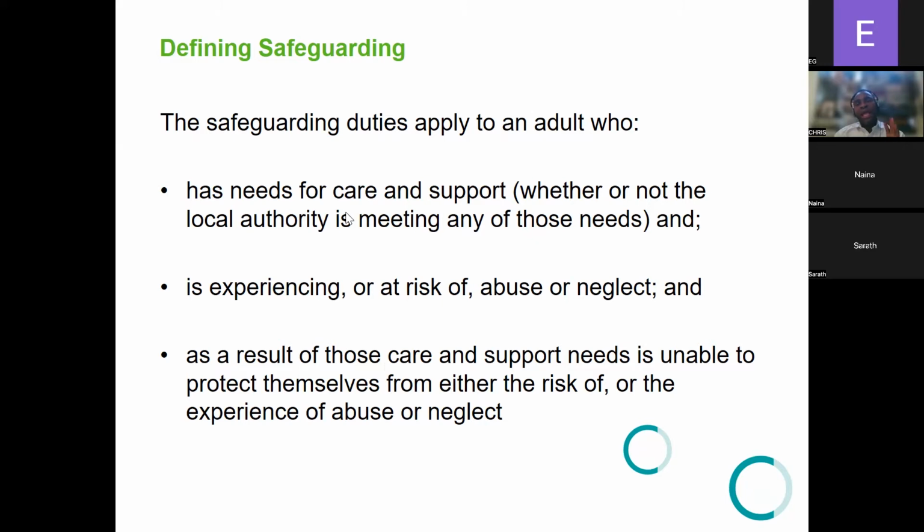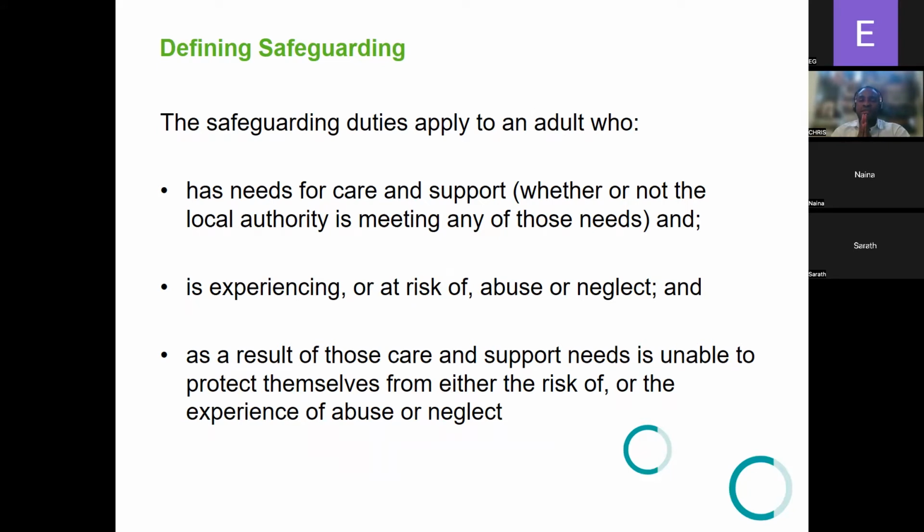So any adult, 18 plus, number one, three things are important. Number one, who has needs for care and support. They cannot care for themselves completely. They cannot support themselves completely. So they depend on care assistants or support workers or health and social care practitioners for their care. It may be personal care or support.